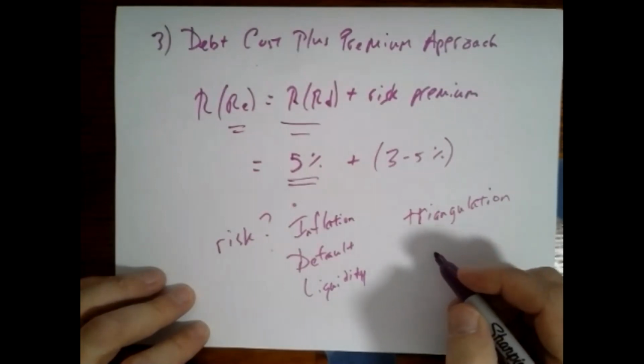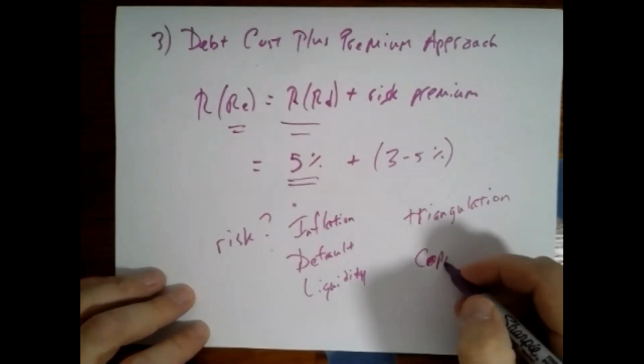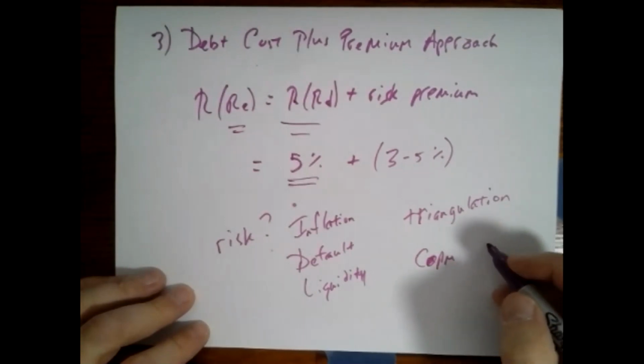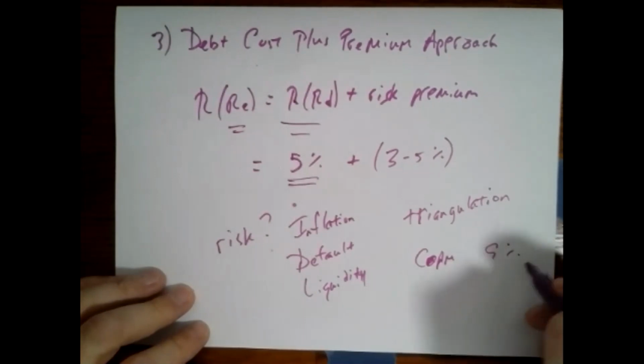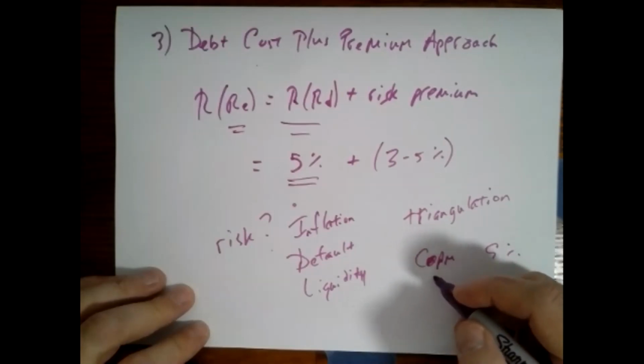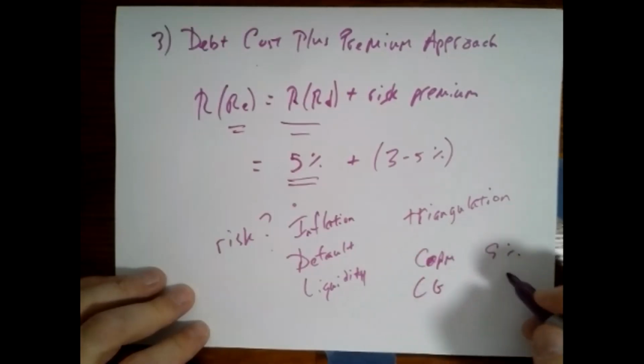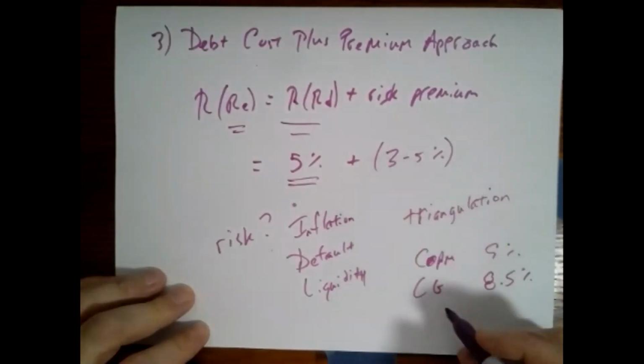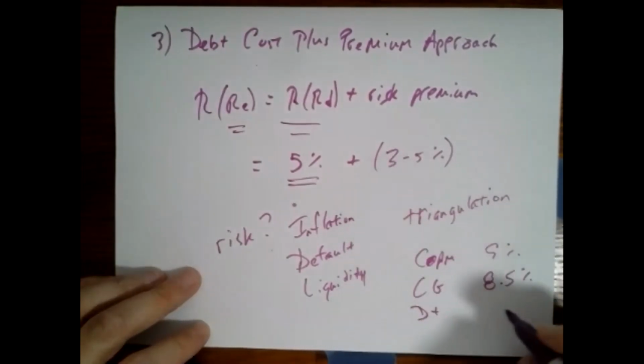So if the CAPM tells you the RE should be 9%, and the constant growth model tells you it should be 8.5%, and the debt plus premium tells you it should be 10%, one thing would be to just average those three together.